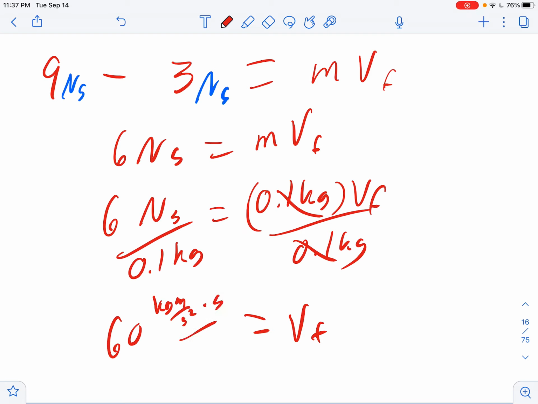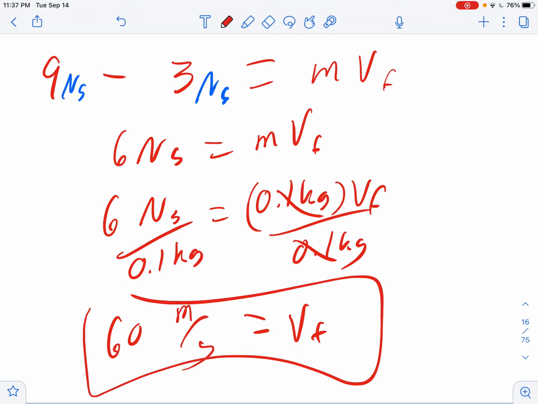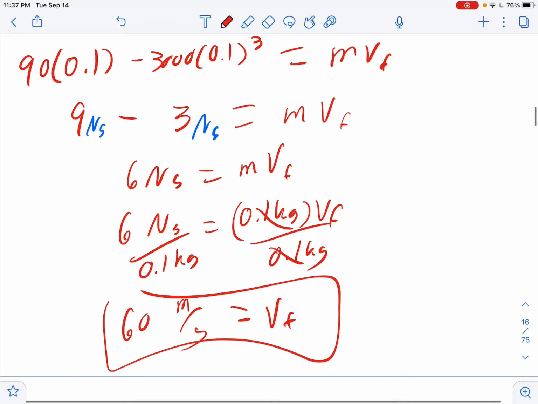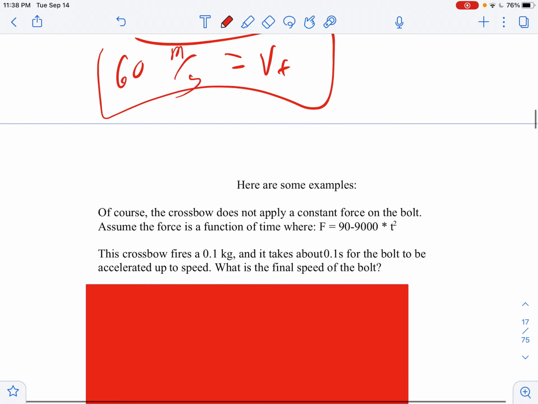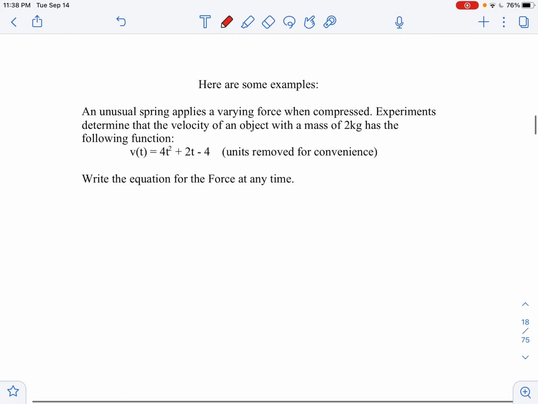So I take that, multiply by seconds and divide by kilograms. The kilograms cancel, and look, meters per second, which is pretty disgusting. So get rid of all that noise: 60 meters per second. Ta-da.